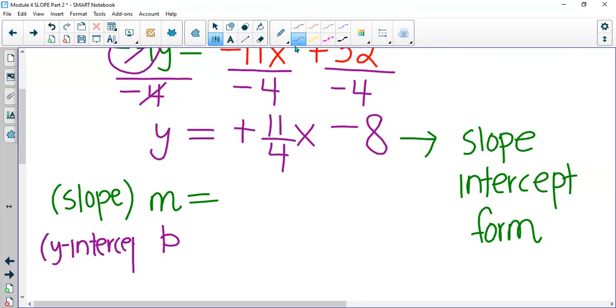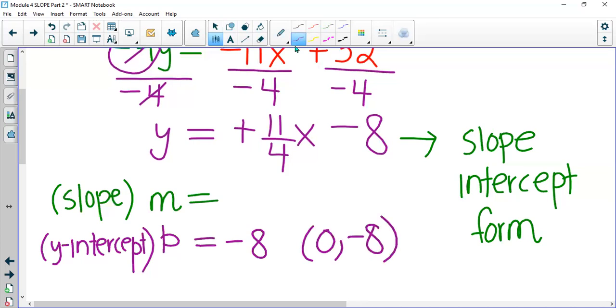So can anyone help me with this? What is my slope and what is my y-intercept? Negative 8, right? So that means when x is equal to 0, y is equal to negative 8. That is my y-intercept. What about my slope?